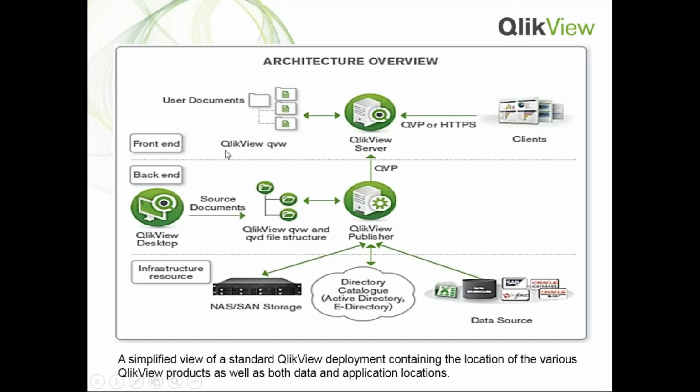There it is called user documents. You need to configure those user documents in QlikView Server, and finally by accessing QlikView Server, a client can see the dashboard through a web browser.